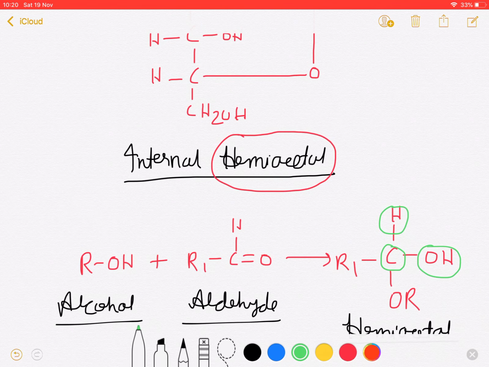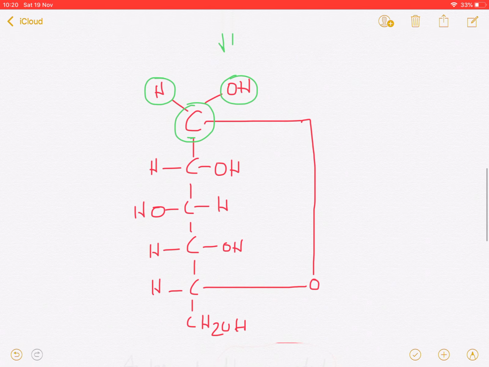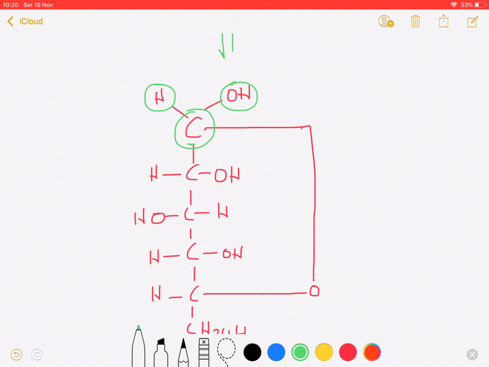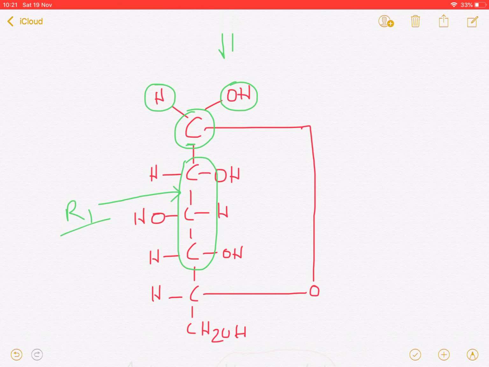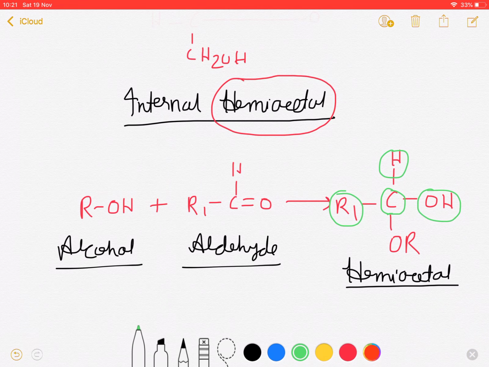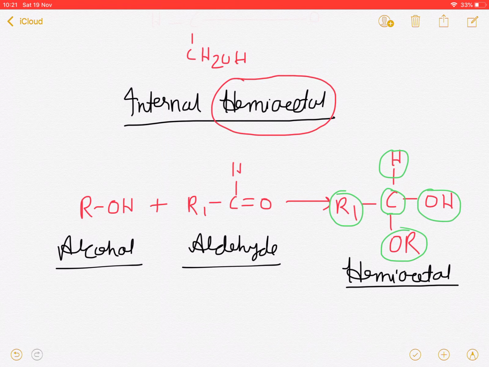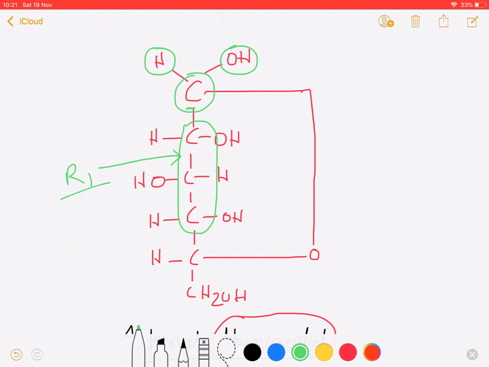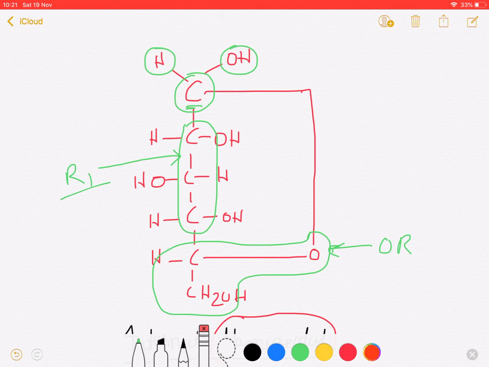And inside the hemiacetal with this central carbon, R1 is connected. R1 is a kind of carbon chain. And OR is also connected with the central carbon in the hemiacetal. So here with this particular central carbon, OR is connected.